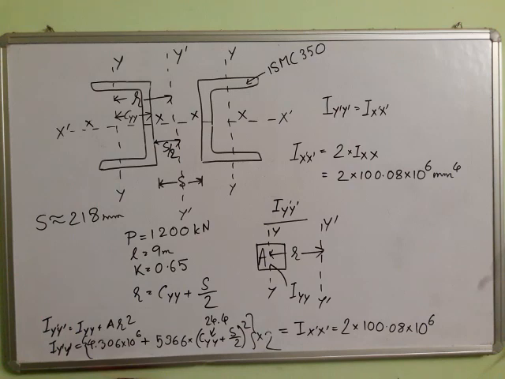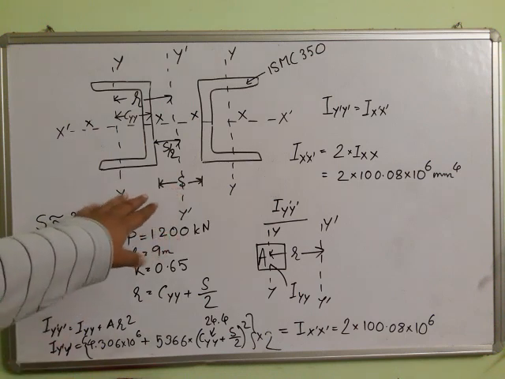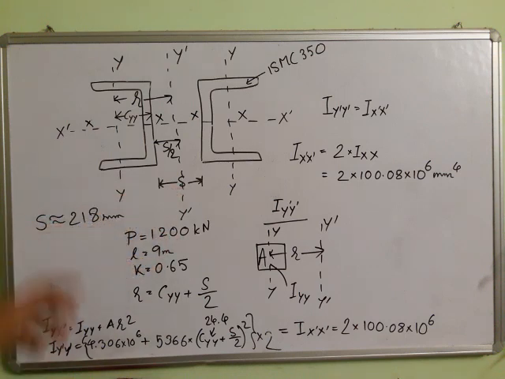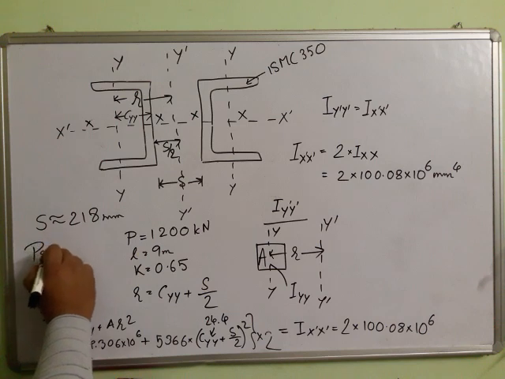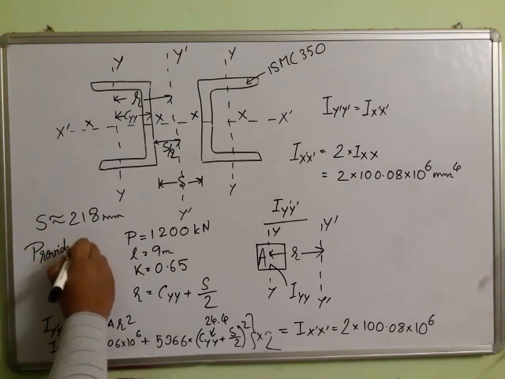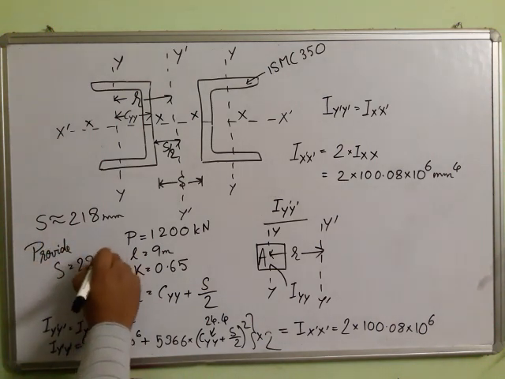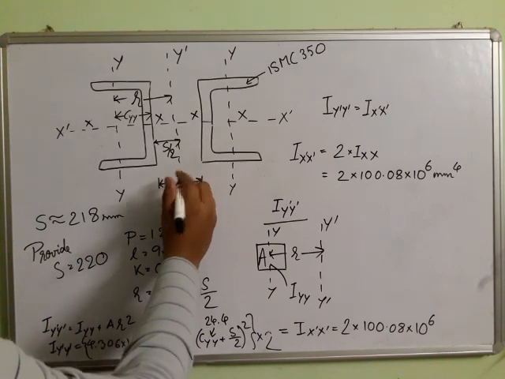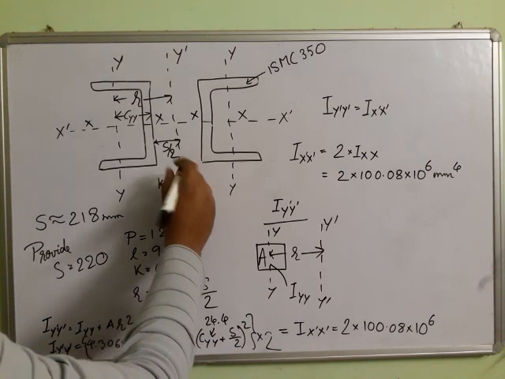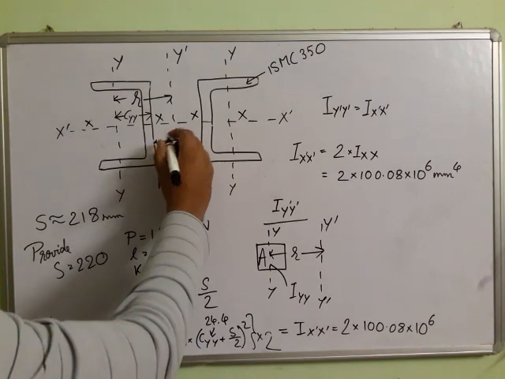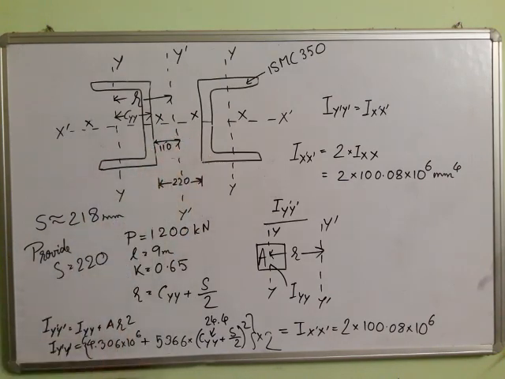Now since s equals 218, we will not take it directly, we will take s equal to 220. 2 mm difference will not matter. So this will become 220 and this will become 110.